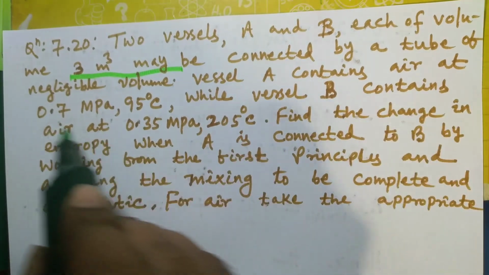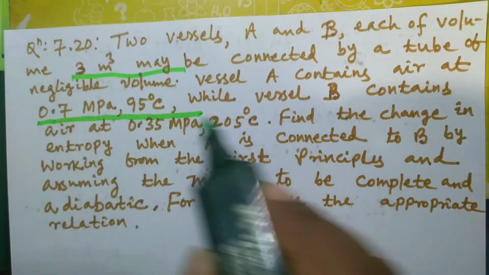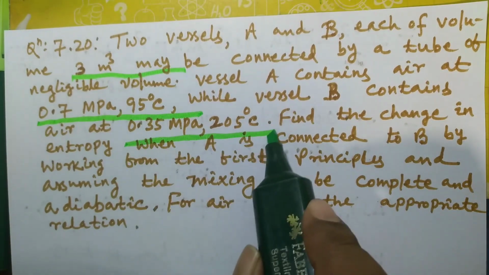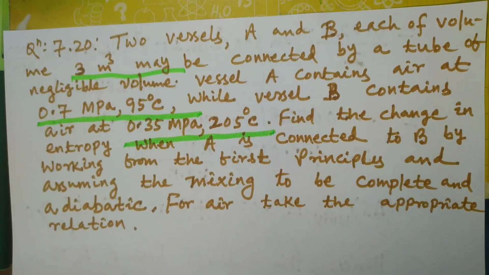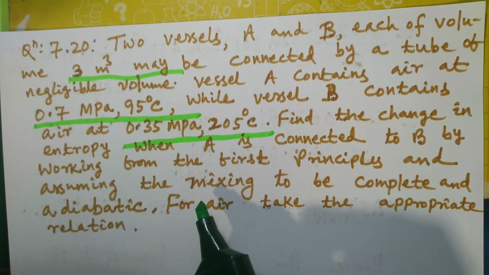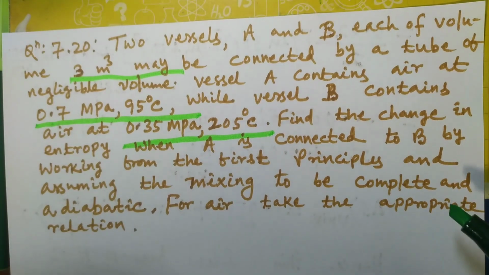Vessel A contains air at 0.7 megapascal, 95 degrees Celsius, while vessel B contains air at 0.35 megapascal, 205 degrees Celsius. Find the change in entropy when A is connected to B by working from the first principle and assuming the mixing to be complete and adiabatic. For air, take the appropriate relations.